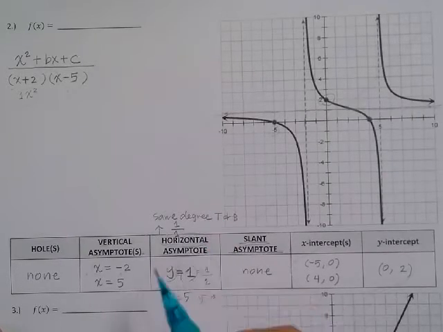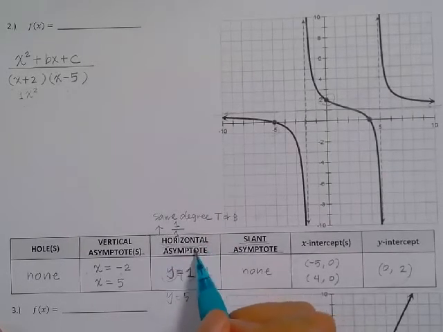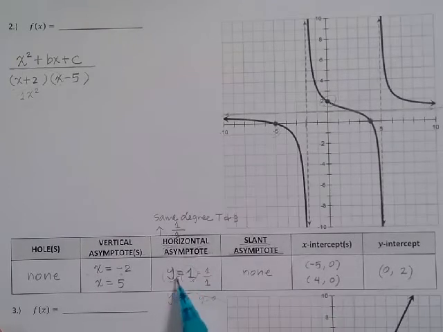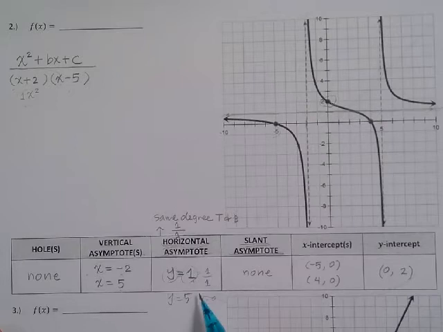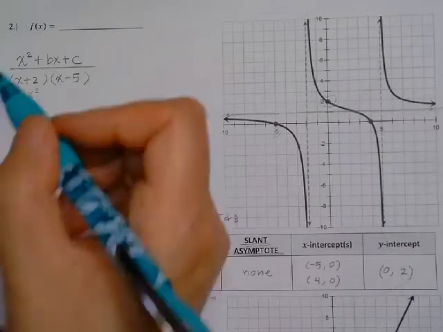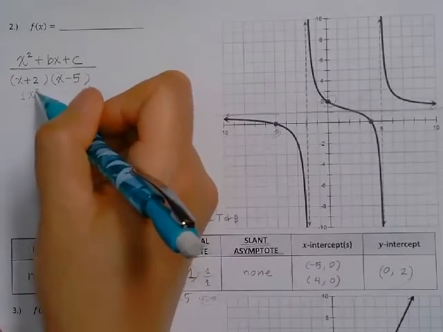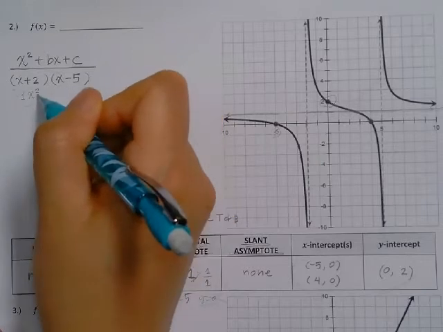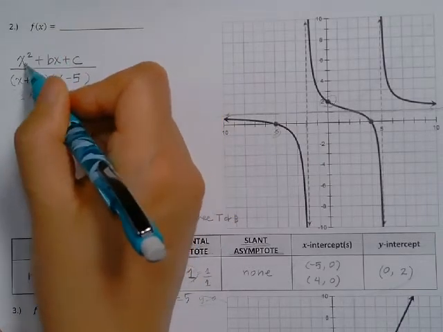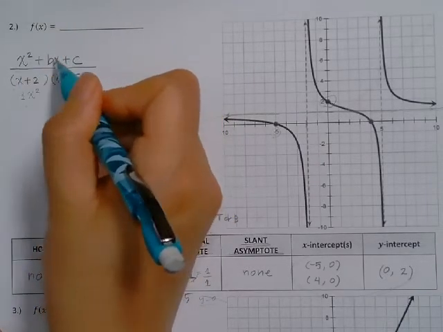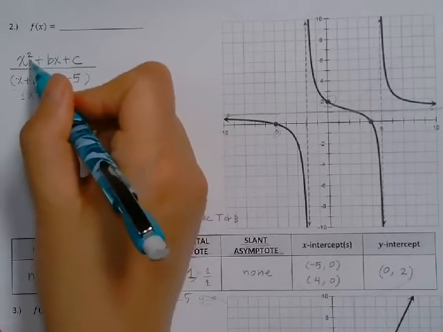The only possible way for us to have a horizontal asymptote at a certain value is the same degree. So I will look at the highest degree from the bottom, in this case it's 2. And then the highest degree that the numerator can go is 2.